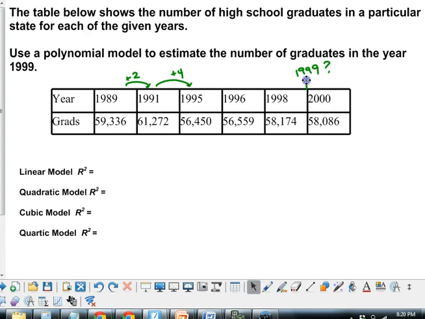We want to get a value for R squared that is close to 1 as we can. It's usually a decimal, and the higher that decimal gets and the closer it gets to 1 or -1, the better it fits our situation.